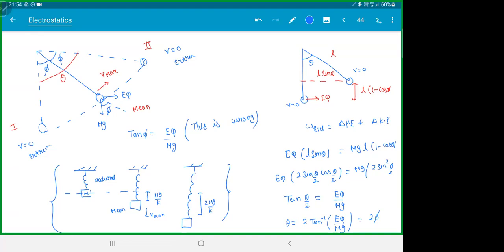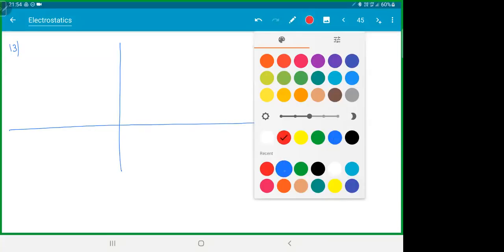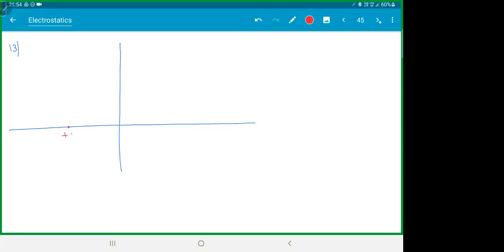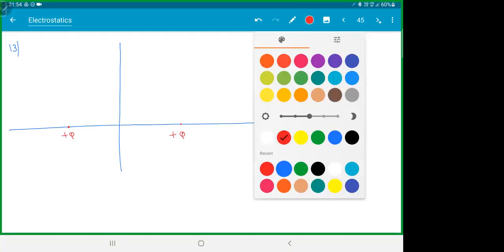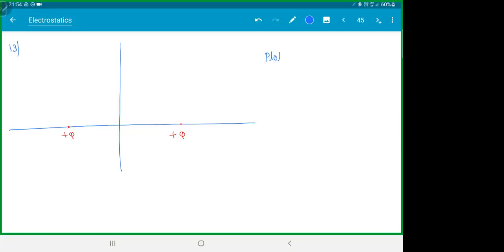Next one. The next one is a good one, right? I'll show you one question, then I'll ask you one. So let's say we have X and Y axis here. We have two charges, plus Q and plus Q. We need to plot the X component of electric field versus X coordinate.